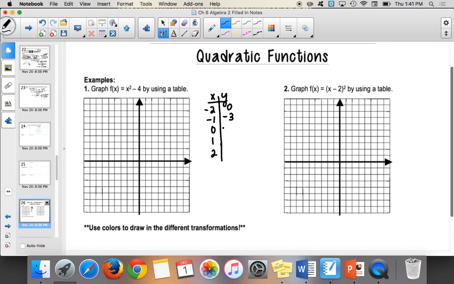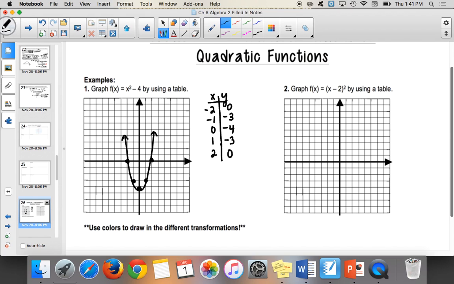When I plug in 0, I get negative 4. When I plug in 1, I also get negative 3. And when I plug in 2, I get 0. So we have negative 2, 0, negative 1, negative 3, 0, negative 4, 1, negative 3, and 2, 0. So we have that graph.